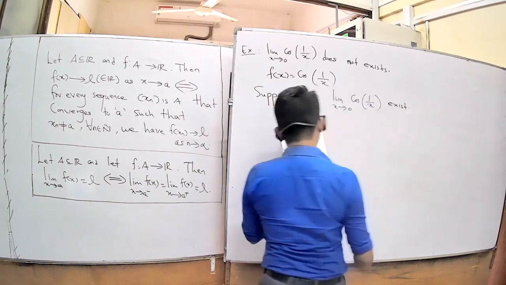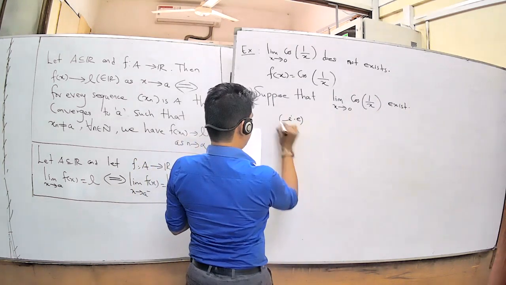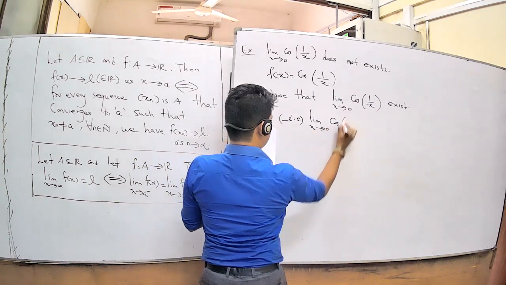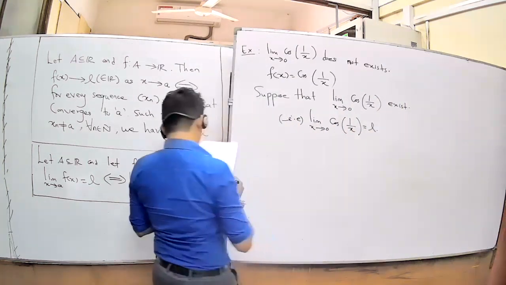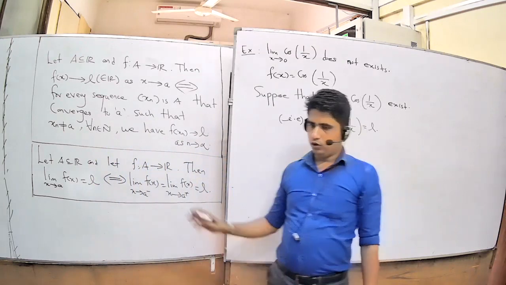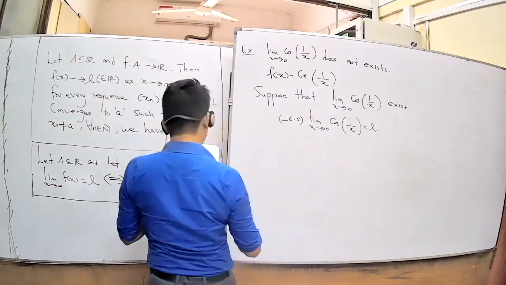That means the limit has some value, which we write as L. Now we use this first theorem.